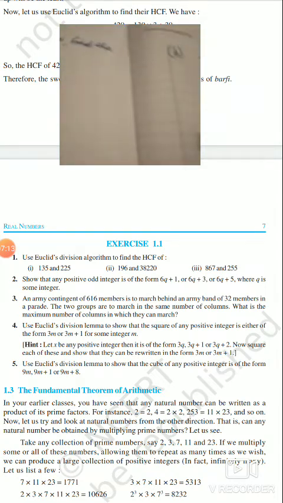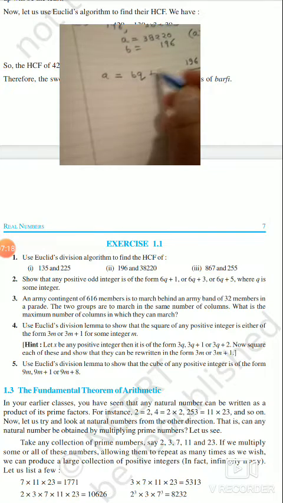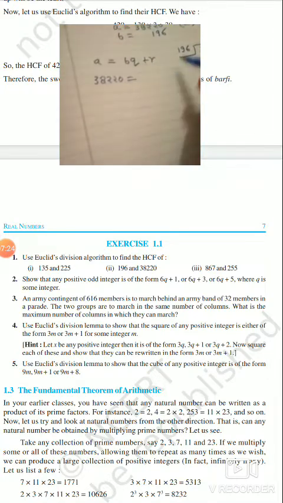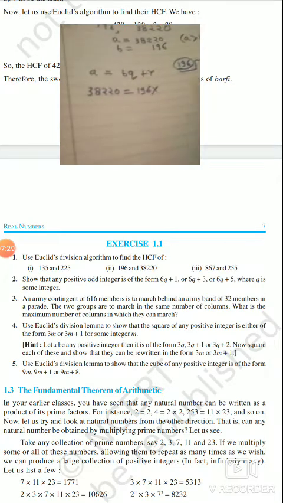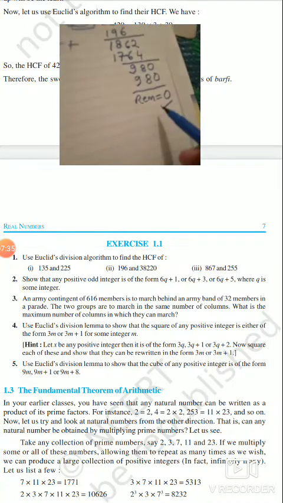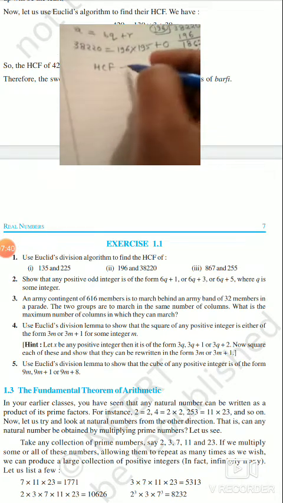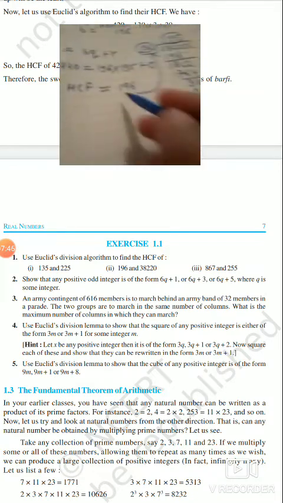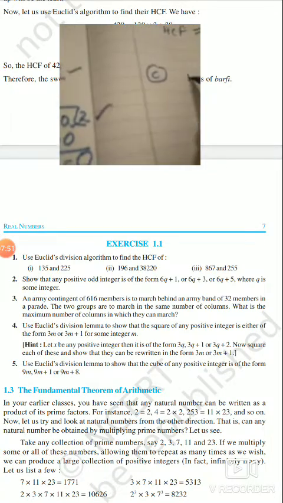So now here again I am using Euclid's division algorithm. A equal to BQ plus R, and B is 196, Q is 195, plus remainder is 0. So now we got the HCF of these two numbers is 196. So this is the answer. Now part C is homework.